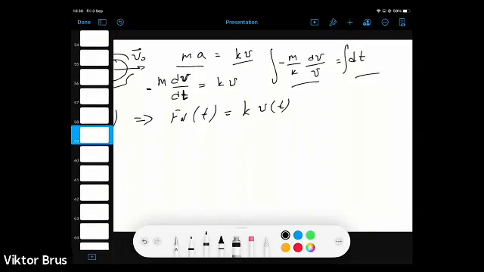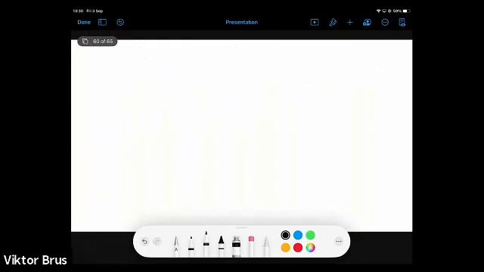Okay, so let us consider some examples with this friction, and then we will move to circular motion. So again, as I mentioned at the beginning, let's consider an inclined plane.